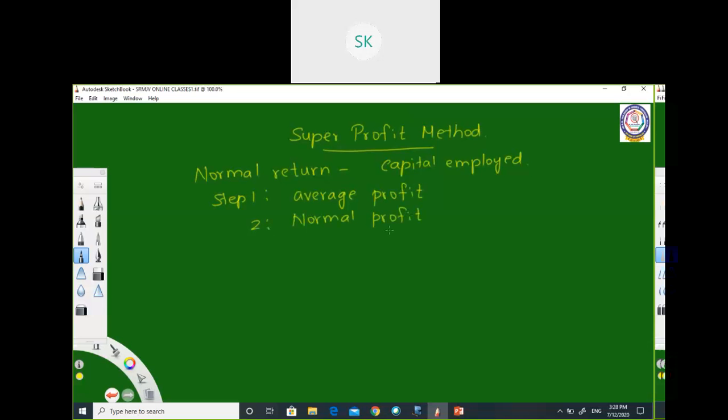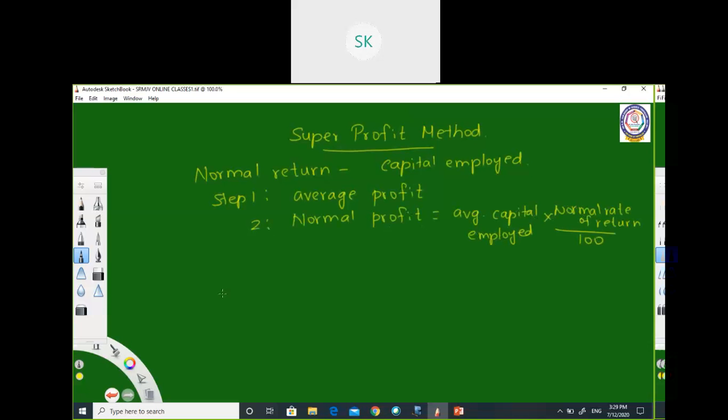To find the normal profit, we use the formula: average capital employed into normal rate of return by 100.